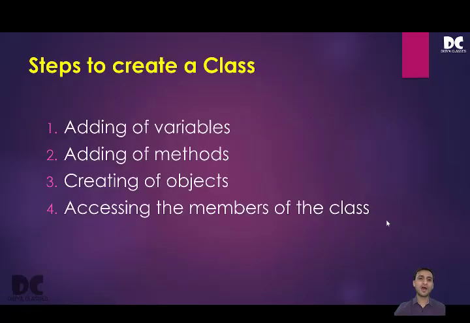Okay. So now we are going to learn how to create a class. There are four steps to create a class. First you have to add variables, then you have to add the methods, then you have to create objects, and then you will access these members. Members means these variables and these methods, through the help of an object.